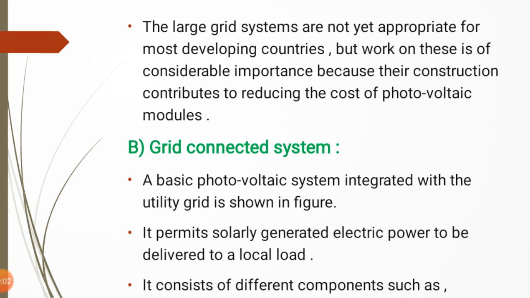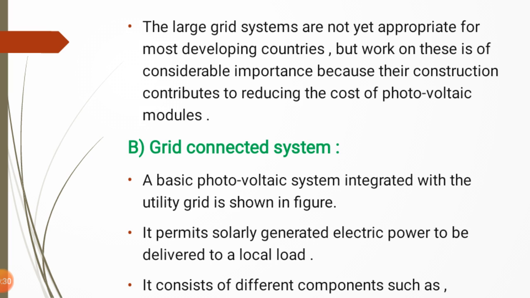It permits solely generated electric power to be delivered to the local load. That means the function of the grid connected system is to deliver the electricity generated from the solar cell to the local load.